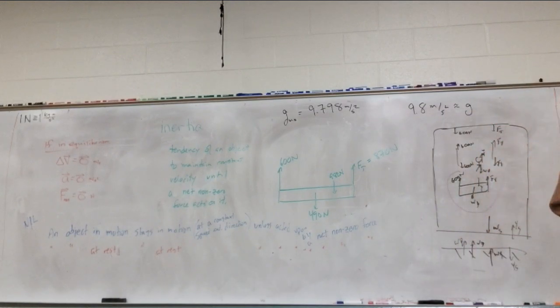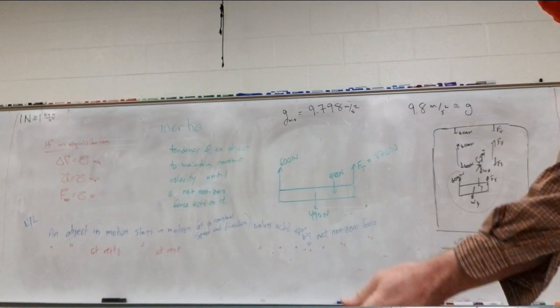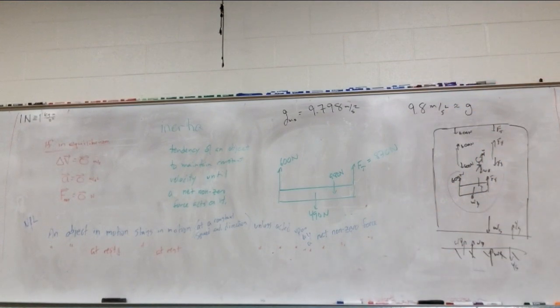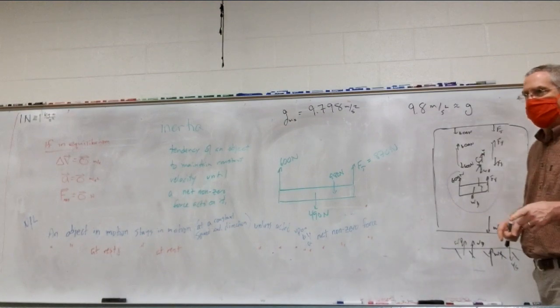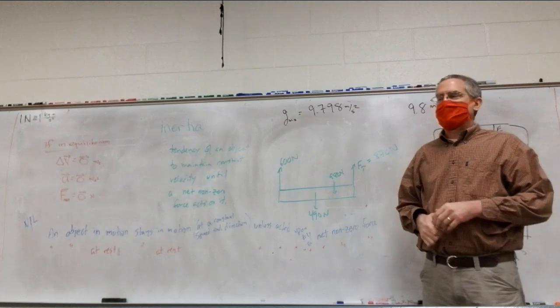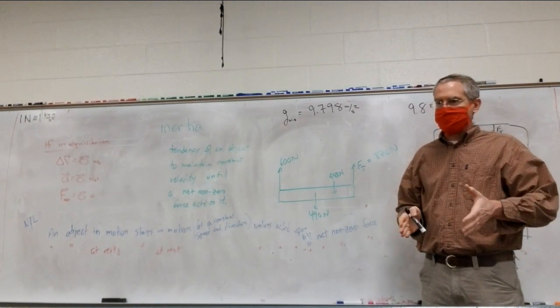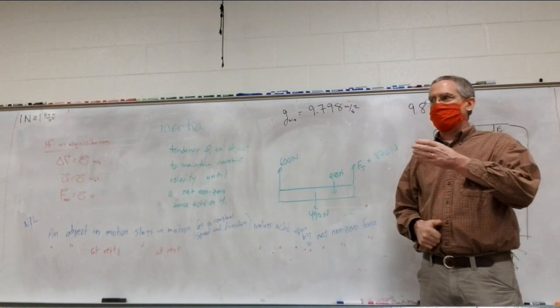So if I take an object, and we'll just take this box right here, and I push on it on the table, the question is, why does it stop? The ancient Greek belief, the belief that was in place for 2,000 years, was that it stopped because it wanted to be at rest.